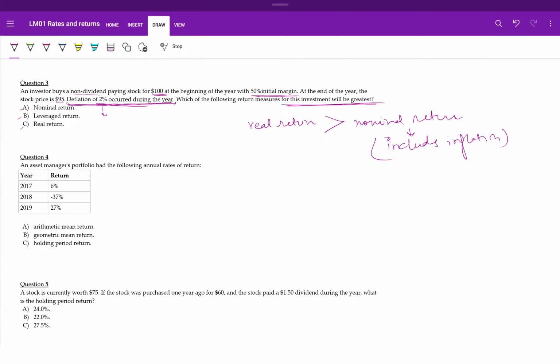So this is -2%, and since this is -2%, the real return is going to be higher than the leverage return. That's our first observation. And leverage return is more negative than the nominal return because the investment lost value and the leverage magnifies the losses here. So the best measurement here would be the real return.